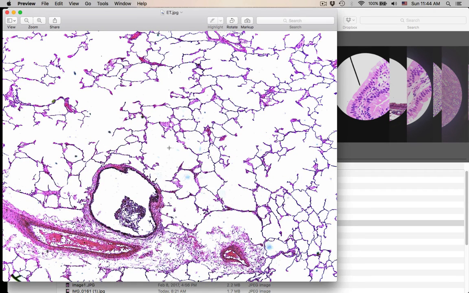This one, number 8, this is simple squamous. All this is simple squamous in through here. The answer was simple squamous. Obviously, this is from the lung, but the answer for number 8 was simple squamous.